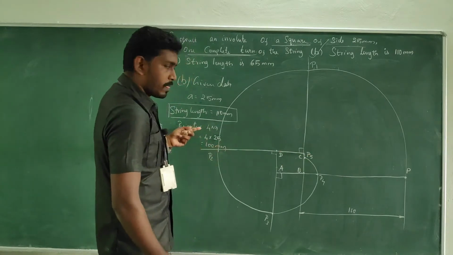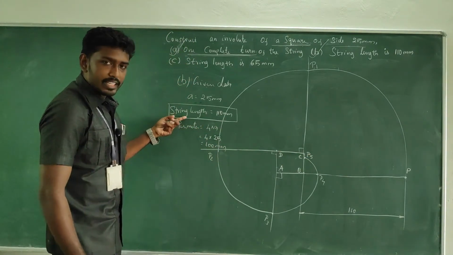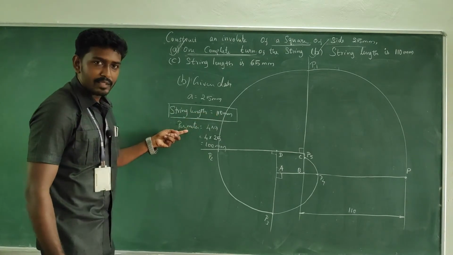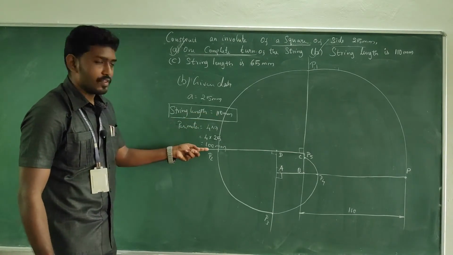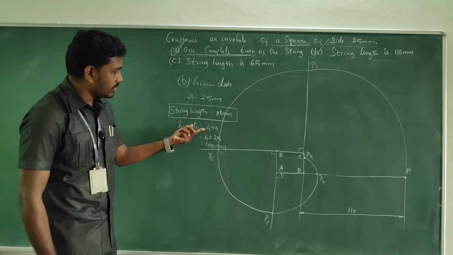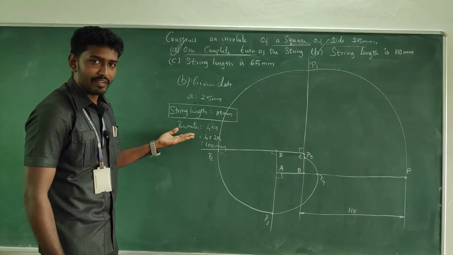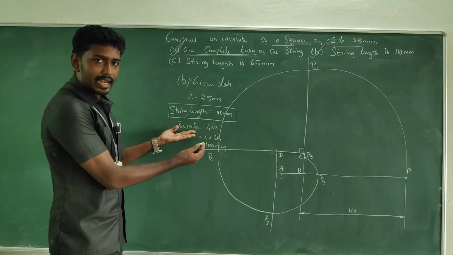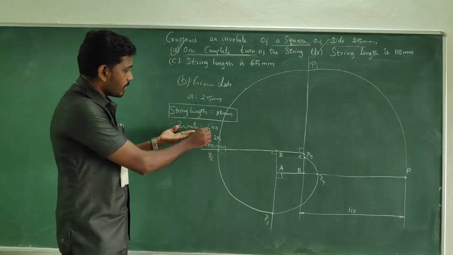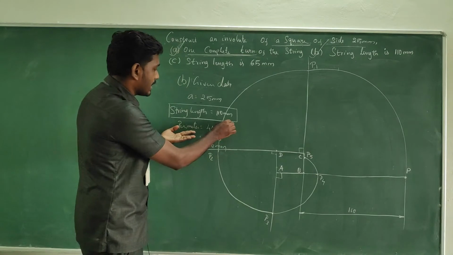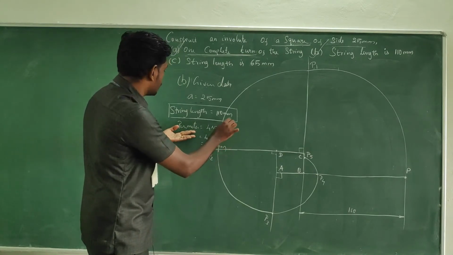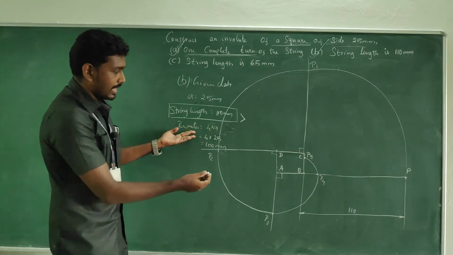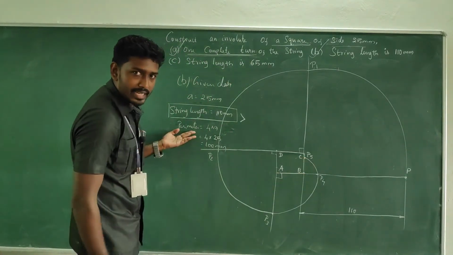Okay, see here the string length given is 110, and if you calculate the perimeter, we are getting 100, and from this itself it is clearly evident that it is exceeding. Since the string length is greater than the perimeter, it's going to exceed, and it is clearly visible in our diagram.